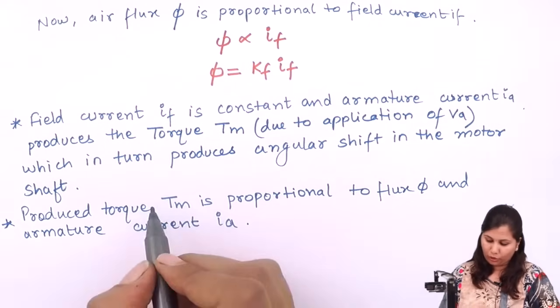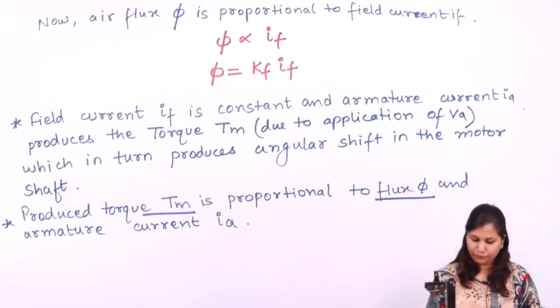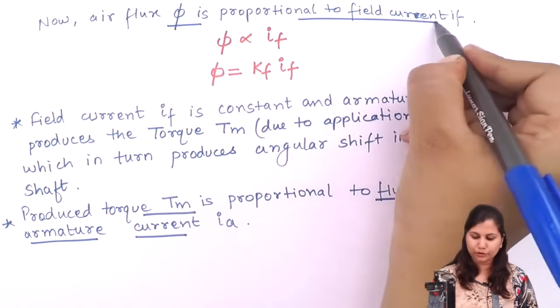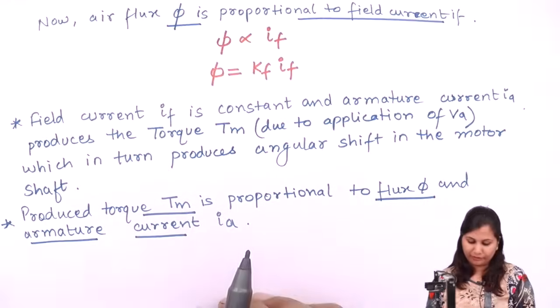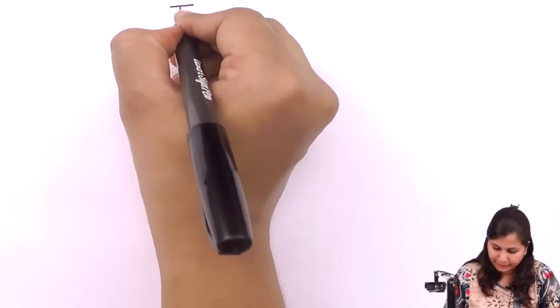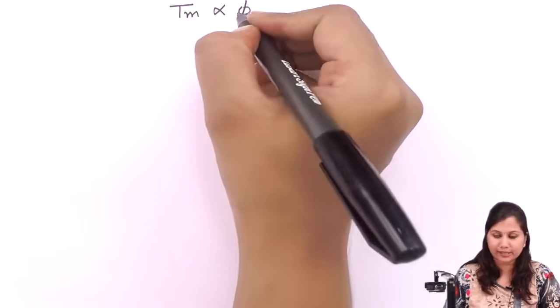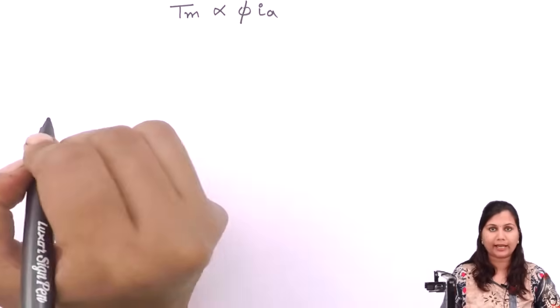Okay, so the torque Tm is proportional to flux phi and armature current, and flux is proportional to the field current. So if we write the equation for it, the torque Tm is proportional to phi flux and the armature current Ia.